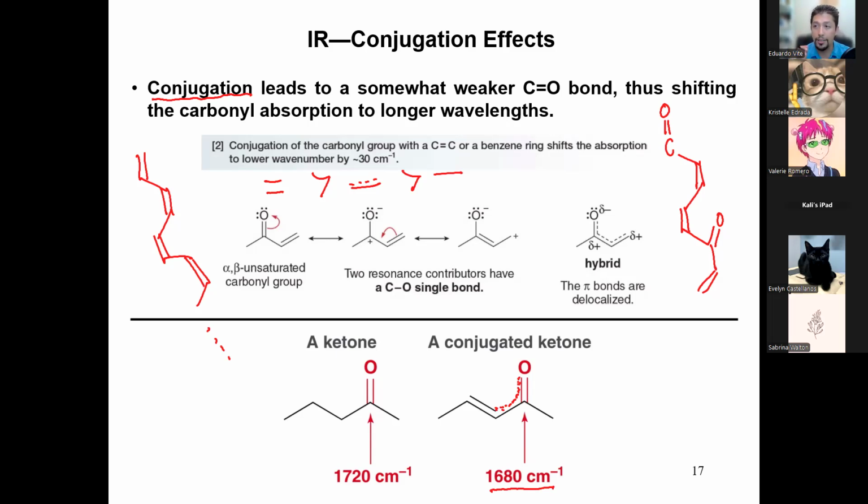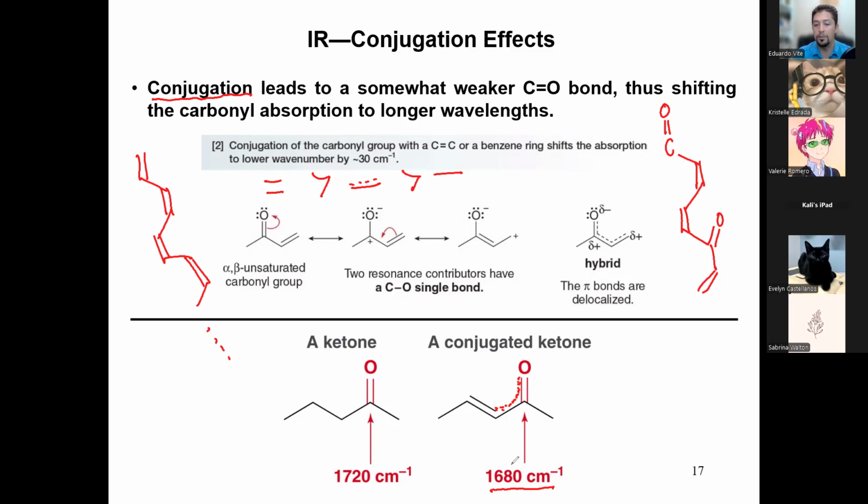So if you have conjugation in your molecule, whatever your wave number you're expecting, it's going to be a little lower. And this is why I'm telling you that those numbers that I showed you from the earlier slide are not absolute. Ketone without conjugation is at 1720, but if you have a carbonyl of a ketone in a conjugated system, well, that same ketone is now at 1680.